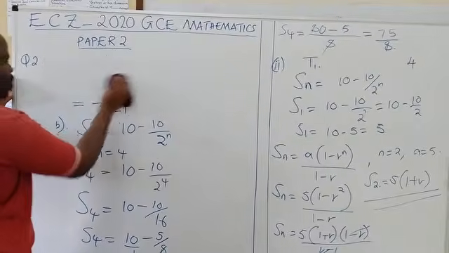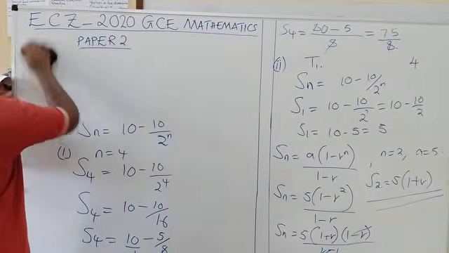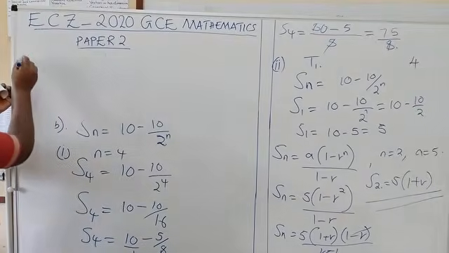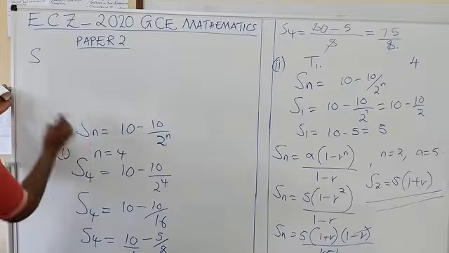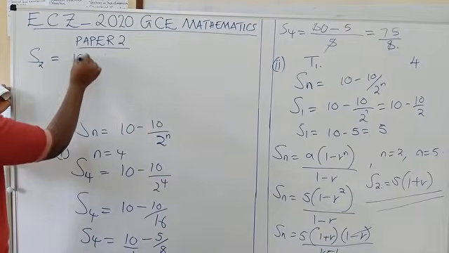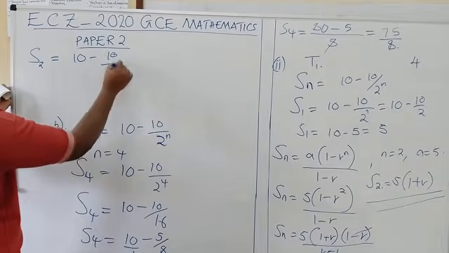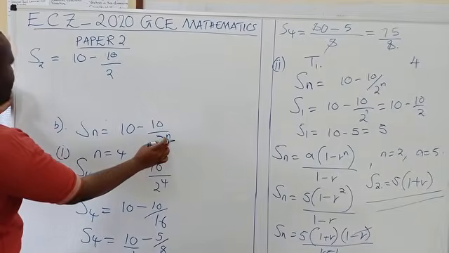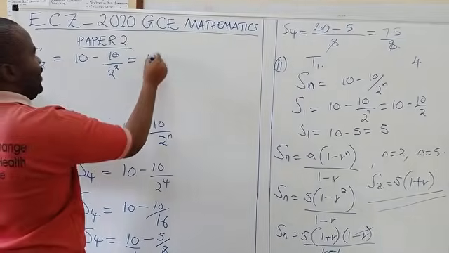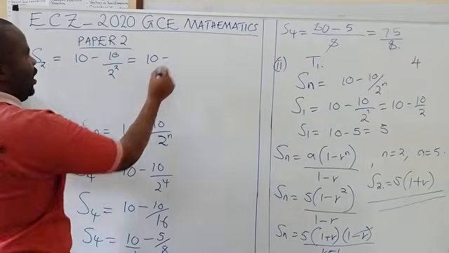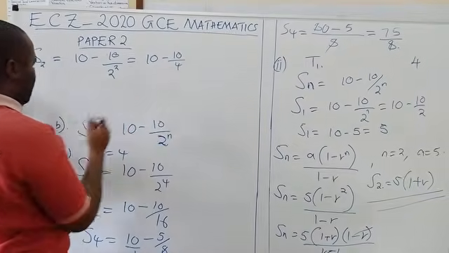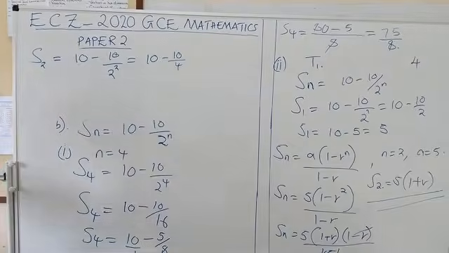So you are going to say, to get the actual sum of the first two terms, we say S2 is equal to 10 minus 10 over 2 to the power what? N here is 2. So we are going to say this is 10 minus 10 over 4.